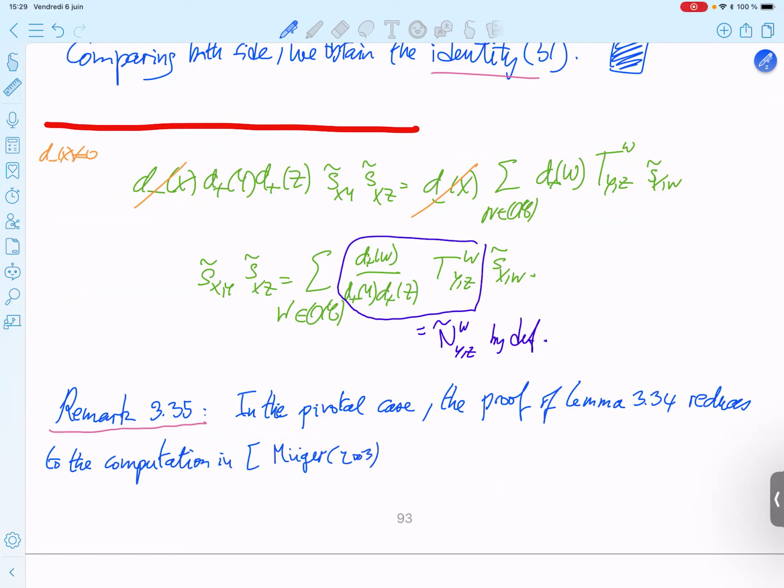Of course, what we did above is more general, but I should follow at least the idea of Muger.